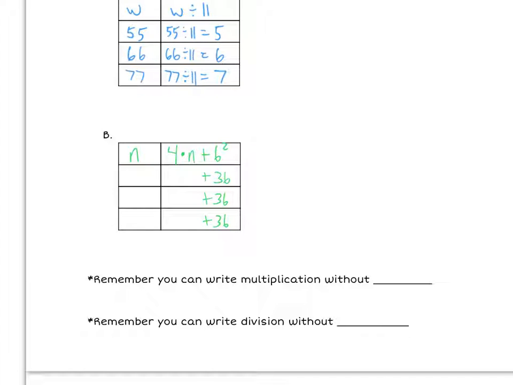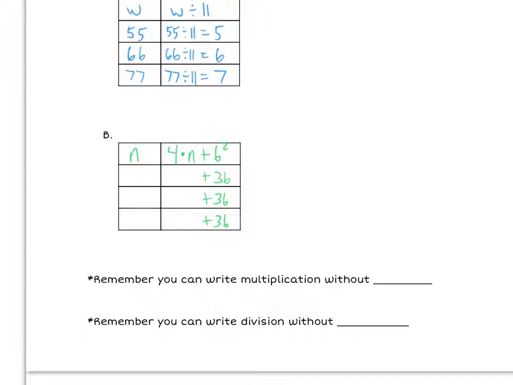I got a question. Yep. For that, do you just choose a random letter and just put it there? Typically they'll pick a letter that represents maybe what they're talking about. So if they're talking about apples, they might use A. A lot of variables you're going to see are X's and Y's. Those are probably the most common used variables in math.